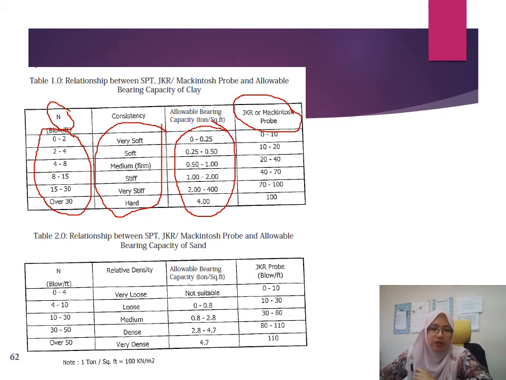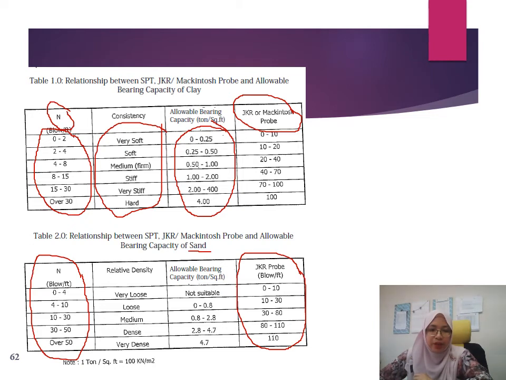If your JKR or Macintosh probe gives around 10 to 20 blows per 300 mm layer, your soil is soft, and this is the suggested bearing capacity. This first table is for clay, and this one is for sand. For sand, this N value is for SPT, and this is for the JKR probe test.